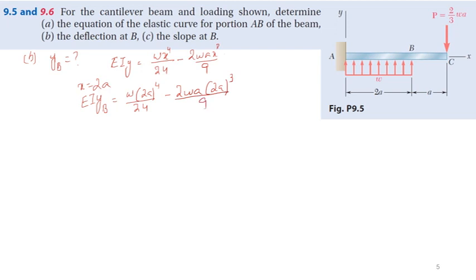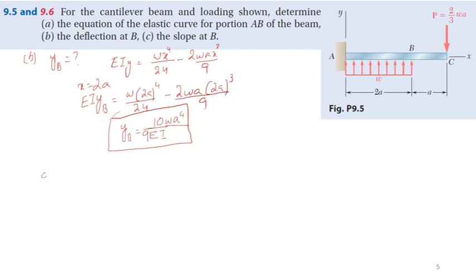When we solve it, yB will be 10 WA to the power 4 divided by 9 EI. So this will give me the deflection at B.